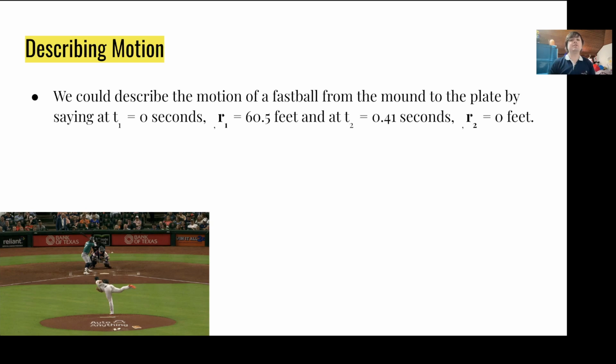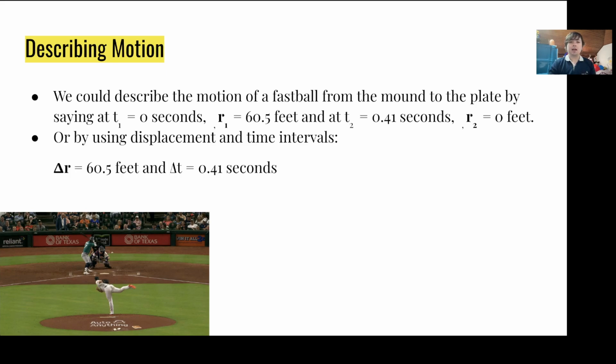At the beginning of the problem, at t1 equals 0 seconds, the pitcher just releases the ball at a radius, or r1, of 60.5 feet, and then the ball passes the plate at t2 equals 0.41 seconds, or r2 equals 0 feet. By using displacement and time intervals, that would mean that our delta r is 60.5 feet and our delta t is 0.41 seconds.